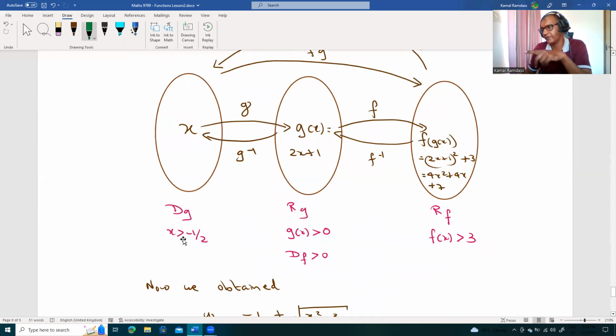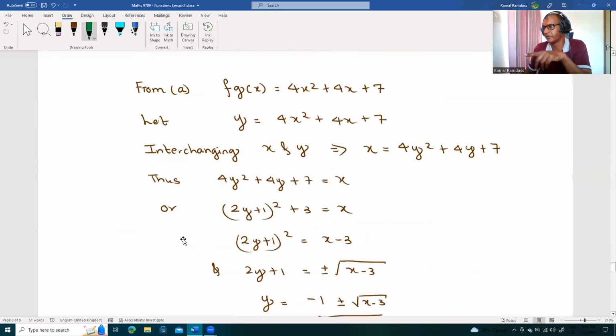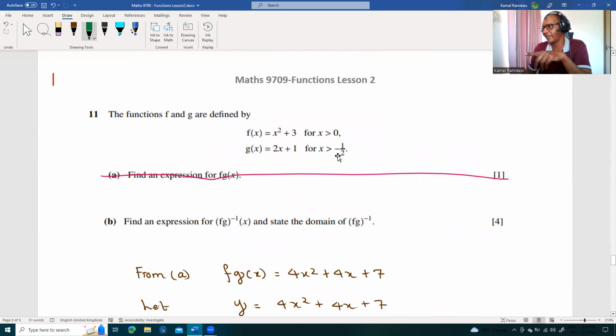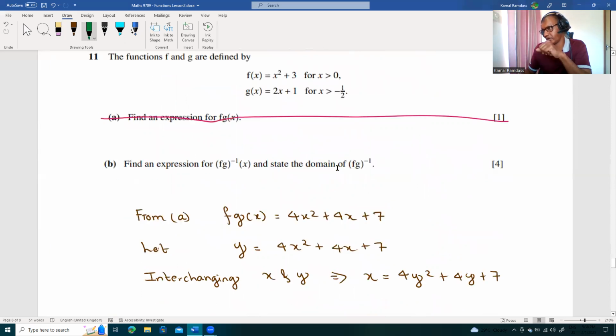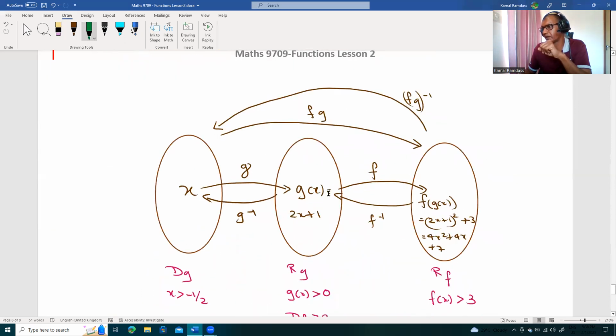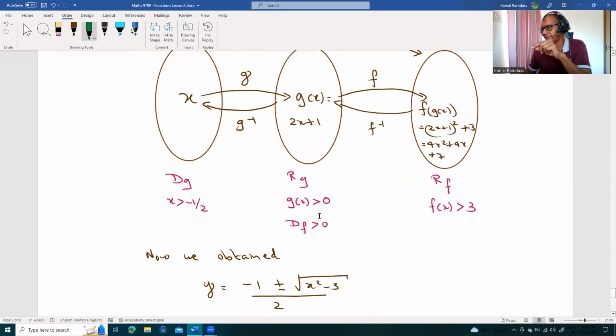Now, the domain of g: greater than minus half. OK. The range of g. Because if you put minus half in there, 2 times minus half plus 1 is 0, so g of x is greater than 0.